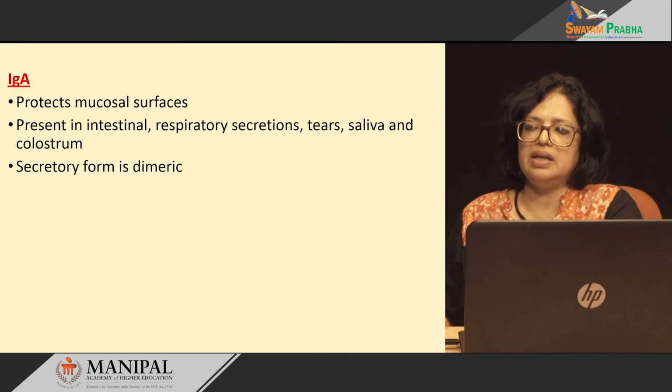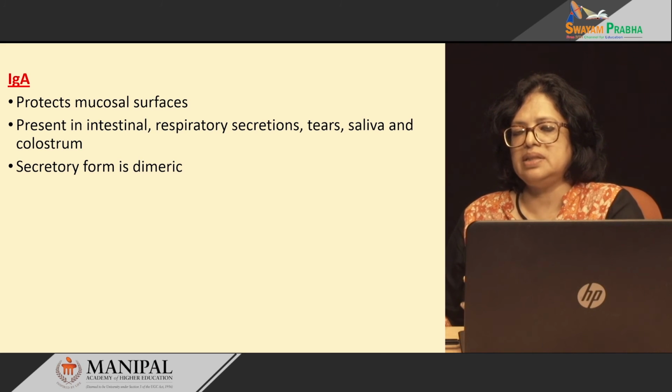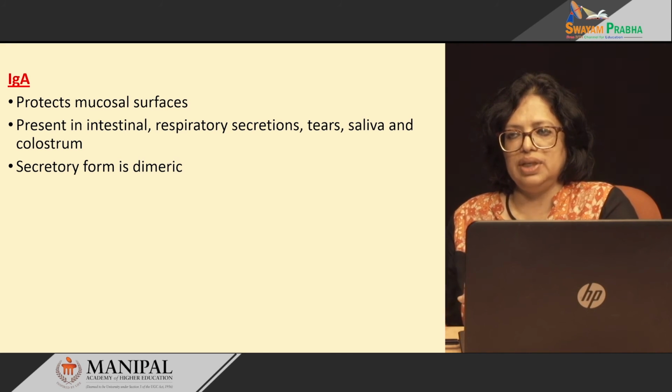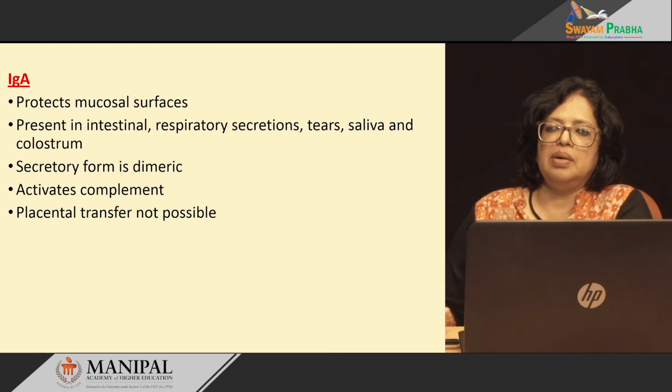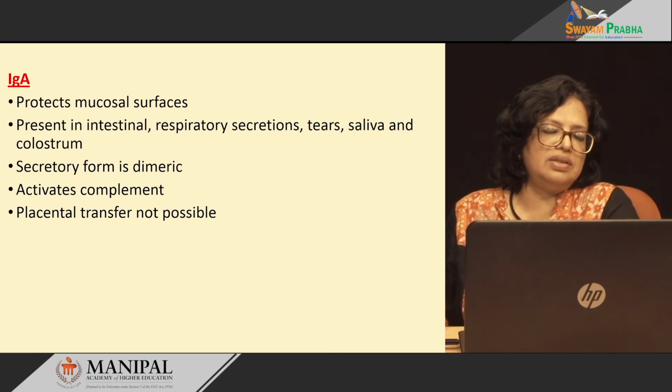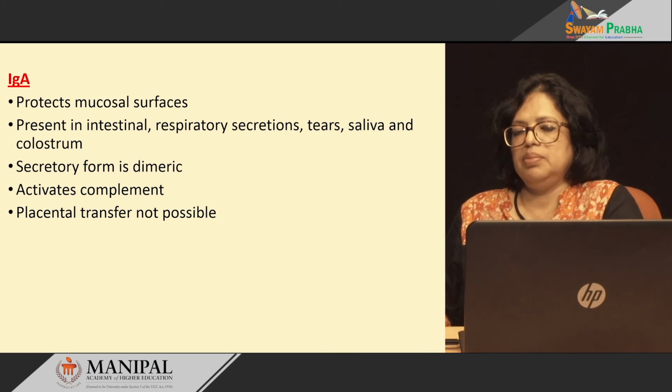What is in the blood is monomeric, but when it is secreted, it is dimeric, which means that there are two immunoglobulin molecules attached to each other in the secretory form. It also can activate complement. Placental transfer is not possible. IgG is the only one which can be transferred across the placenta.